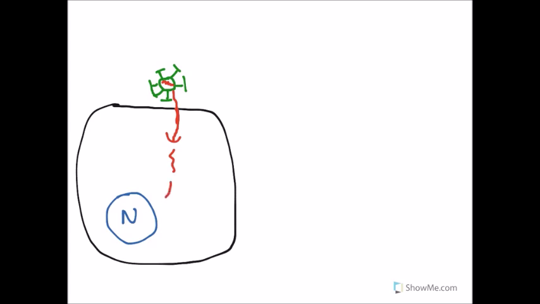This nucleic acid will enter your nucleus, for example, and hijack your cell's transcription, translation, or replication machinery, and this cell will start producing viral proteins, which we call endogenous proteins.